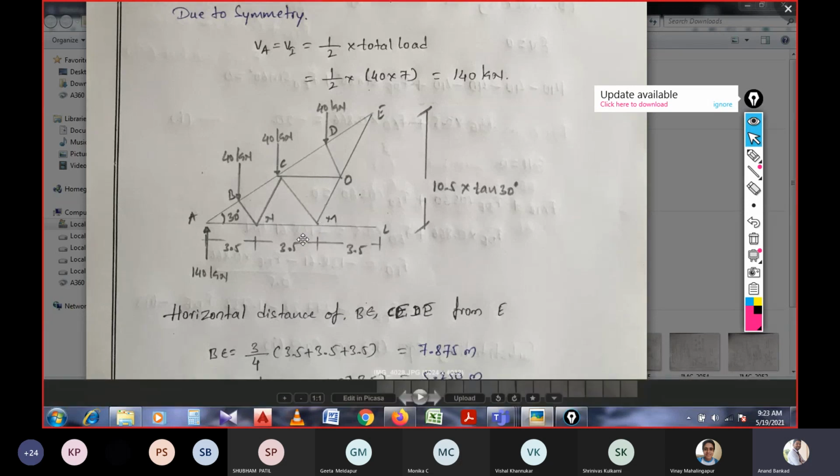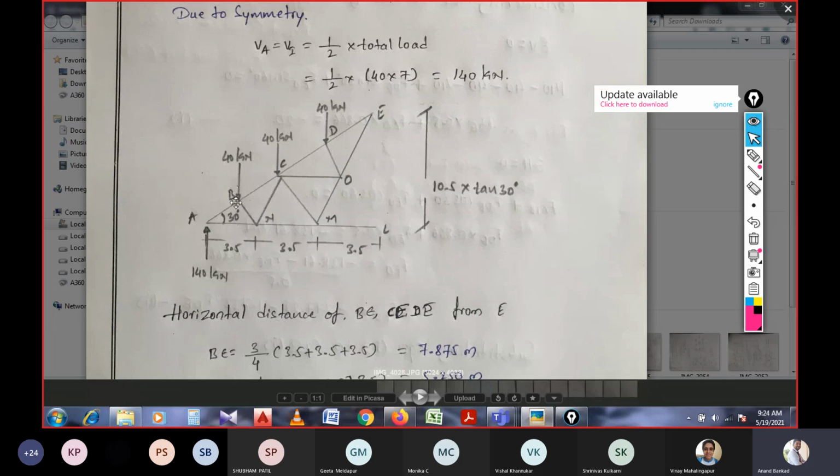In this, the horizontal distances for these loads are unknown, because at the initial stage, if you need to analyze the force induced in any member, we need to take a moment about the axis. If you want to take the moment about the axis, the loads are acting downward, and we don't have the horizontal distance for those loads. I hope you are observing the cursor over here. This particular load is acting.